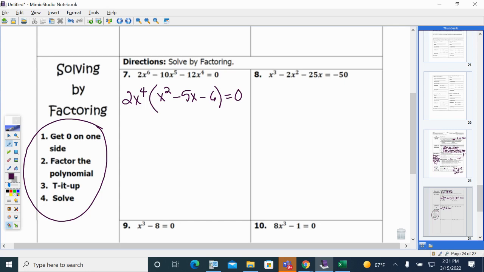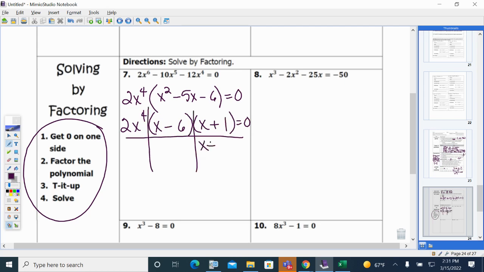I'm going to factor the quadratic. So I need two numbers that multiply to give me negative 6, that add to give me a negative 5, which is going to be a negative 6 and a positive 1. So when I go to get my solutions, subtract the 1, add the 6, and then for this 2x to the 4th, this is a monomial, which automatically tells me that x is going to be equal to 0.